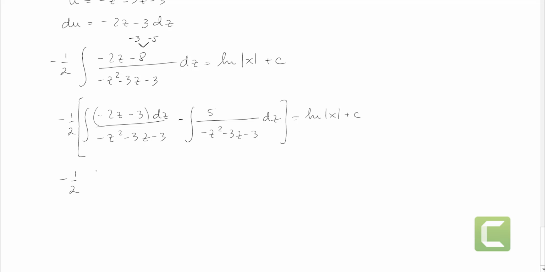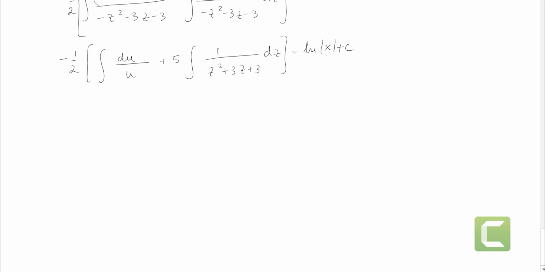So negative a half, the first integral is basically integral of du over u. Then I have negative negative, so I can write plus 5 integral of 1 over (z squared plus 3z plus 3) dz, and ln of absolute value of x plus c.